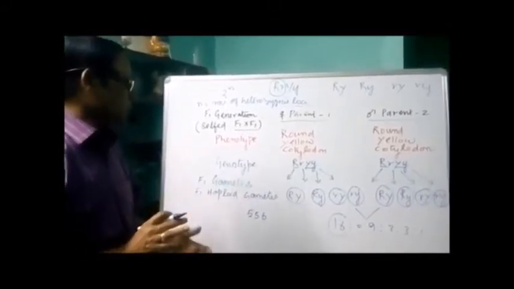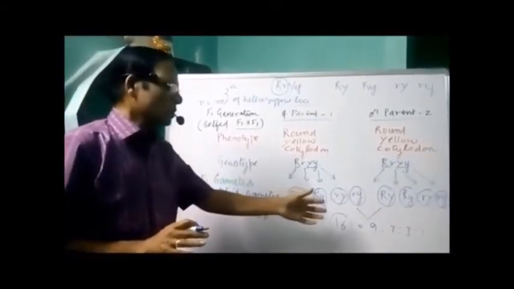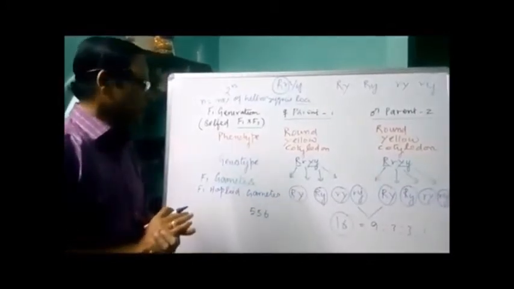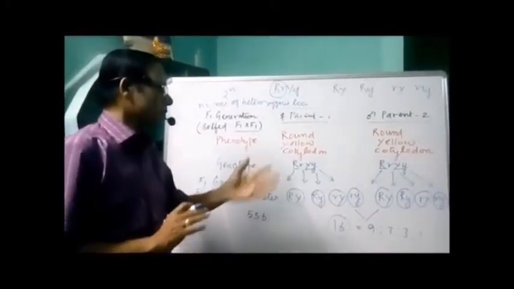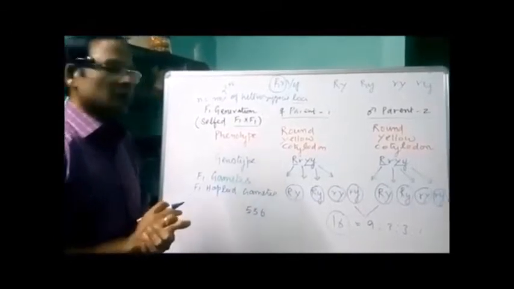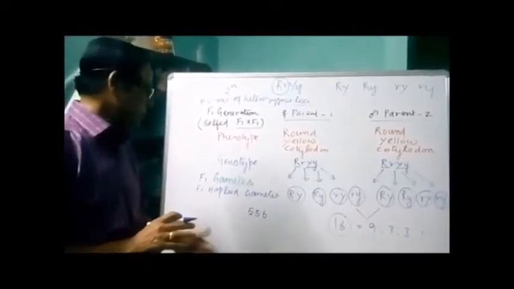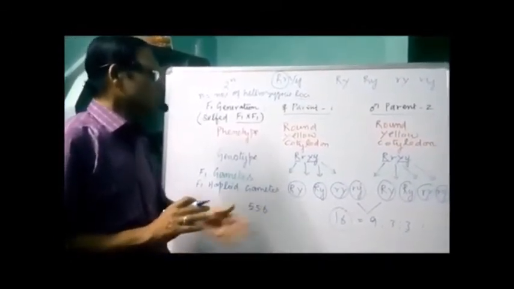Okay, now this is one concept: the number of types of actual phenotypes in F2 is equal to the number of gametes. I mentioned already 16 individuals, that is a fraction, but totally 556 individuals are produced.